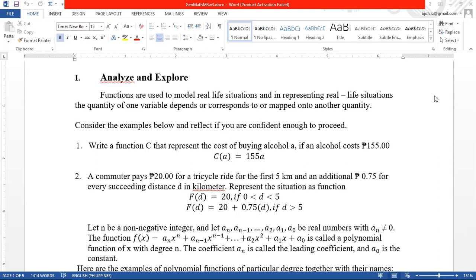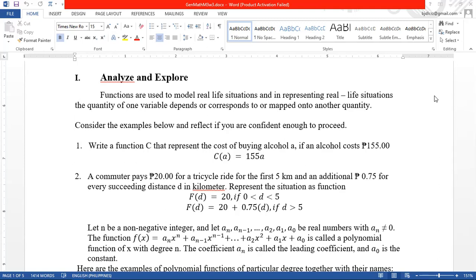Write a function C that represents the cost of buying alcohol A. If an alcohol costs 155 pesos, the function would be C of A, C for the cost of buying alcohol, and A for the alcohol, is equal to 155A.